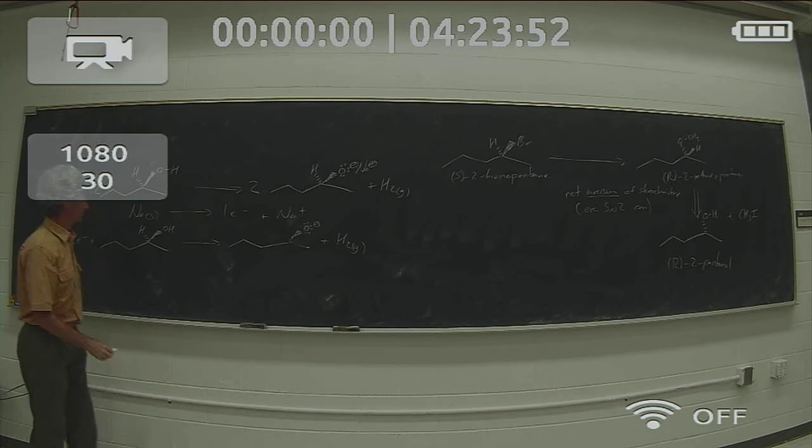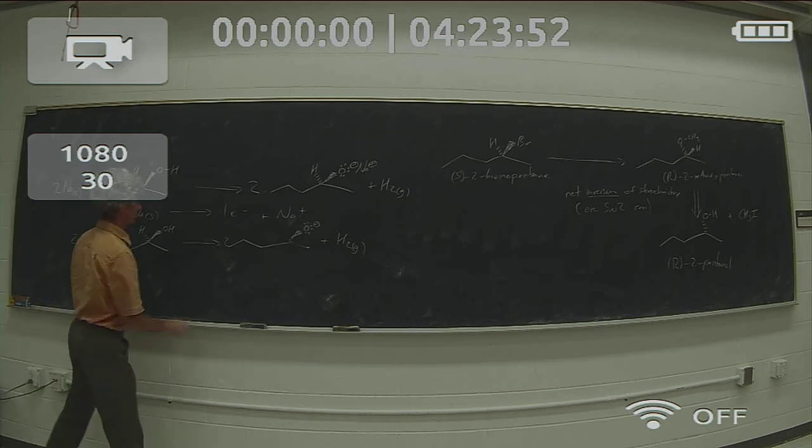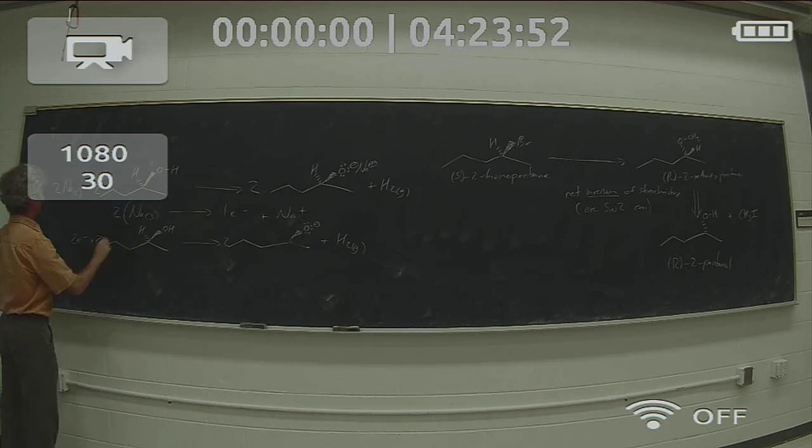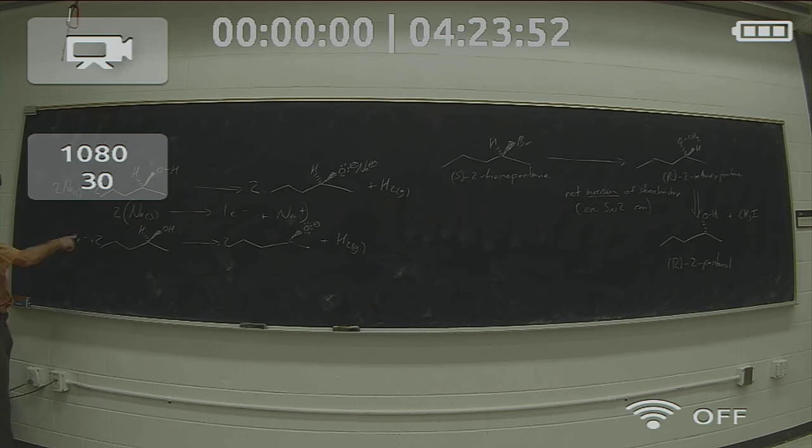We're going to need 2 in front of there, and we'll have to multiply this reaction by 2 in order to get the number of electrons to add up.